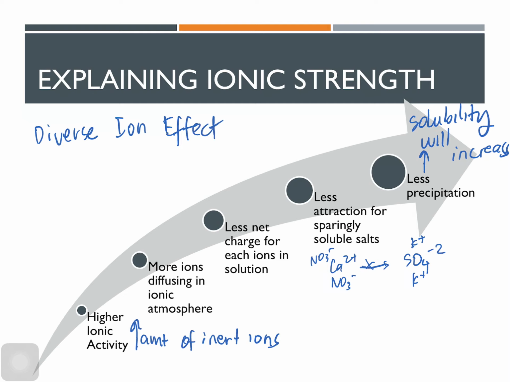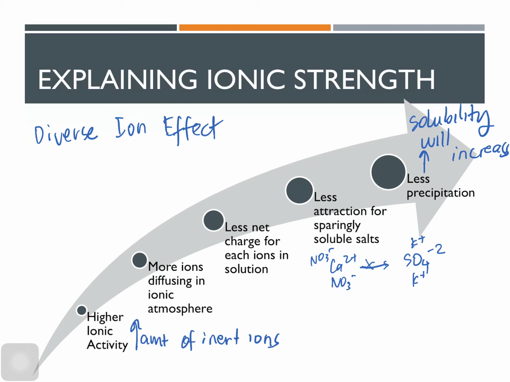So previously, for common ion effect, the solubility decreases. For diverse ion effect, the solubility increases. Why? Because there are inert ions that are flooding the ionic atmosphere of your original substances, hence preventing them from re-attracting to form the precipitate. Okay, so that's the idea.